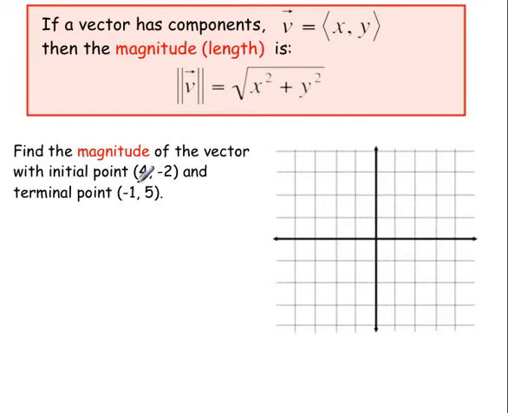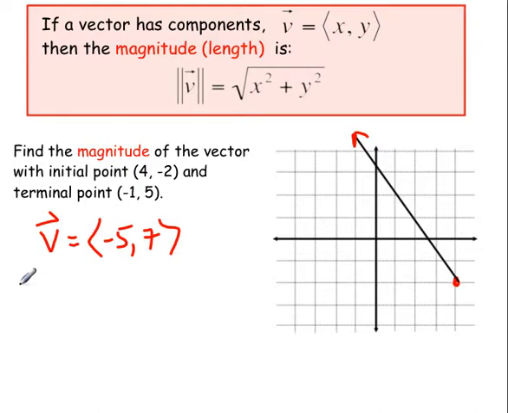We're using the same 2 points, so 4, -2, and then -1, 5. So it's the same vector. And we already found the component form. The component form of our vector on the last page was -5, 7, right?